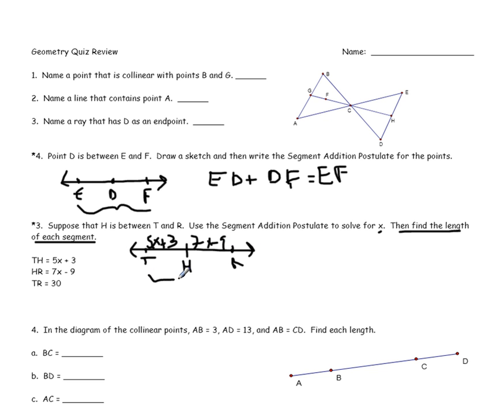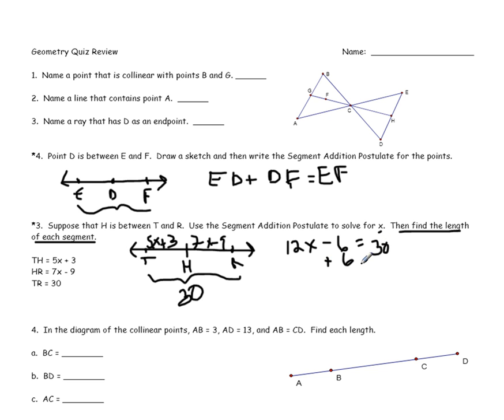The whole thing is 30. So I'm going to go ahead and add them here. So 5x plus 7x is 12x. Right, rather than writing the whole thing out, it's okay to do this. Positive 3 and negative 9 is negative 6. And that whole thing equals 30.